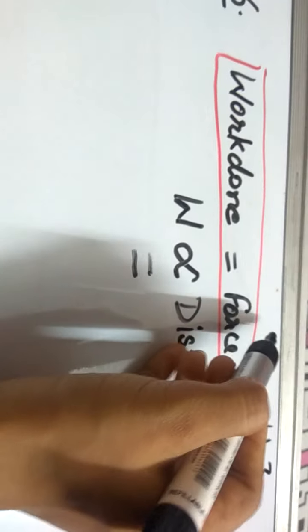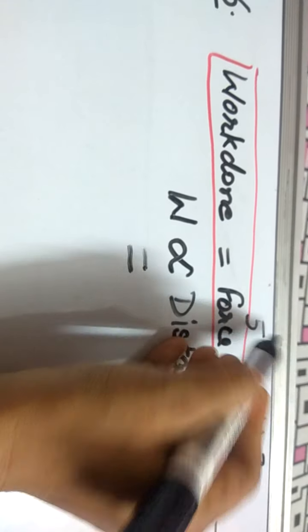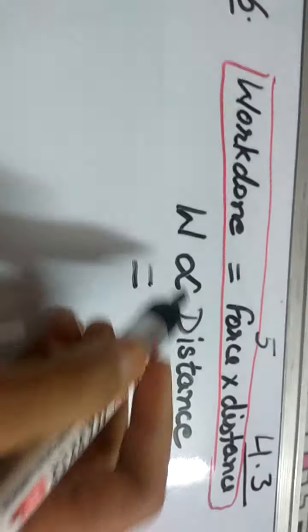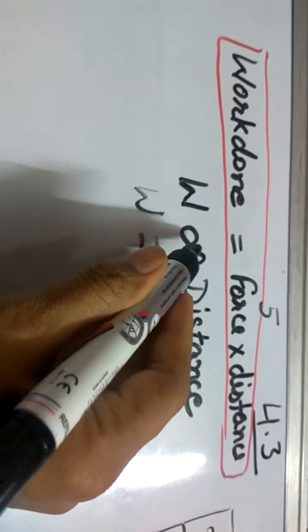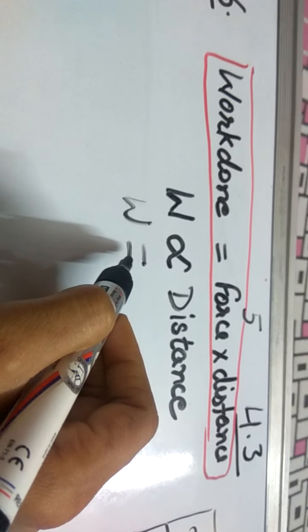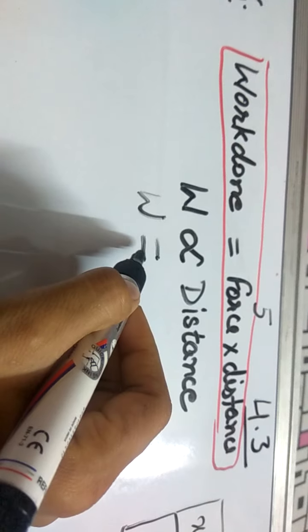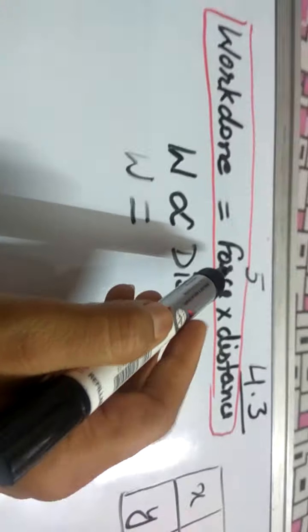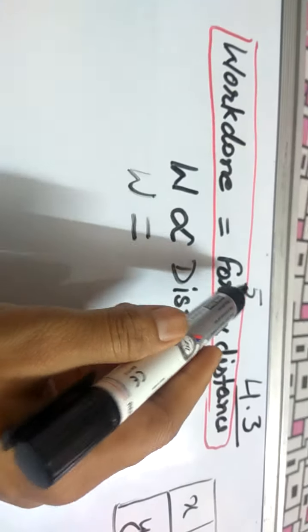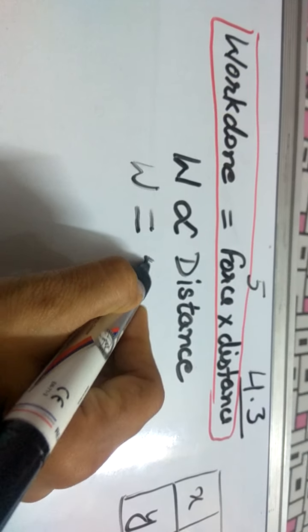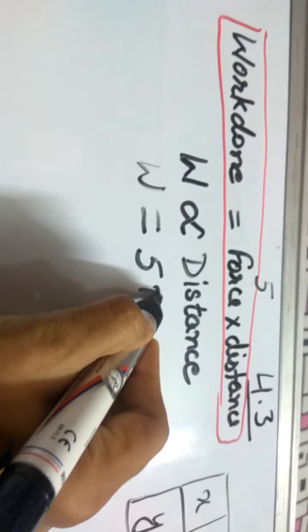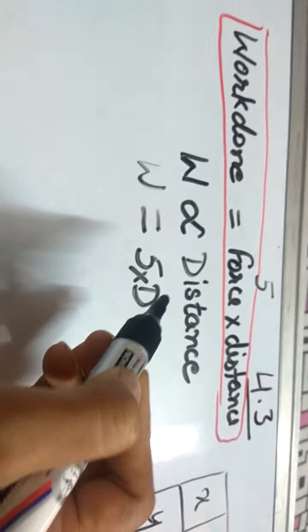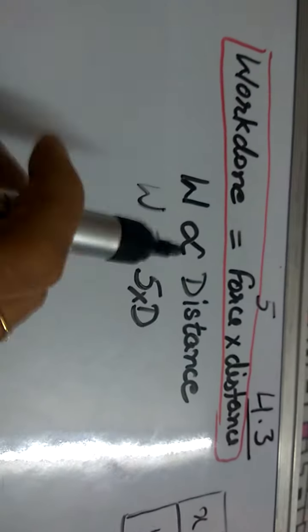So what does this equation become? W, work done, proportionality sign is converted into equality. Then we take this force as 5 units as constant into distance.